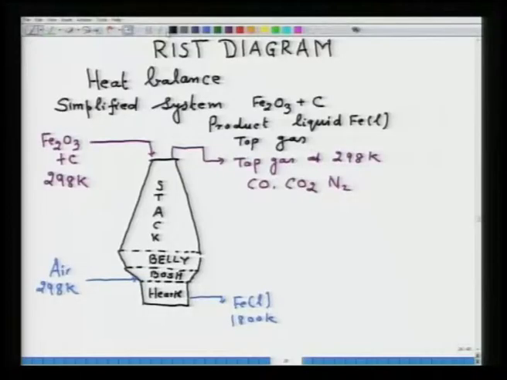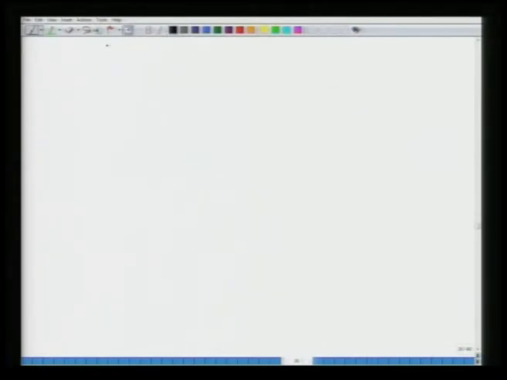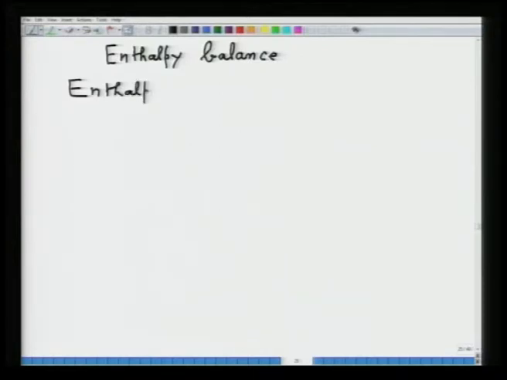So, this is the case, then the heat balance, or we can say enthalpy balance, can be written in words as: enthalpy into the furnace per mole of product iron.